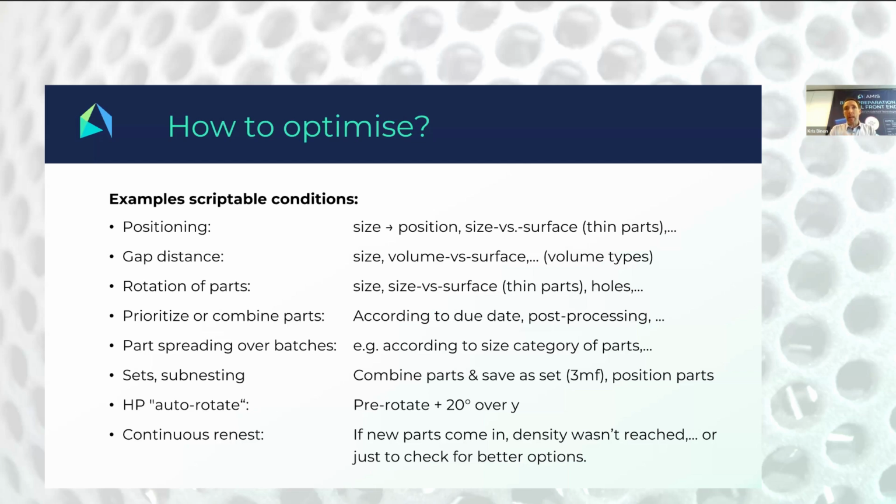You can, of course, and I think that's really one of the main potential gains with AMIS Runtime, start spreading your parts over different batches. And I'm not only talking about my parts for just day 5 or day 6, or depending on delivery dates, but it's just that with big parts, you don't want just a batch with only big parts, and then the next batch only small parts.